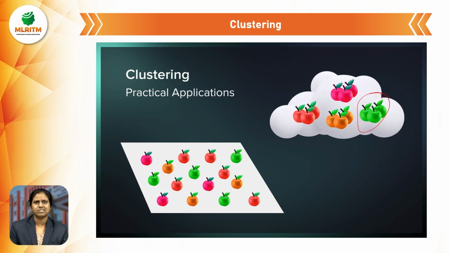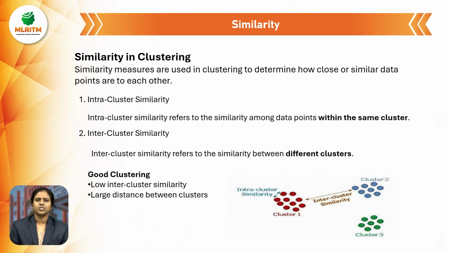In this clustering, for the different types of fruits given, we are grouping them into similar items based on a feature, which is color. So here we cluster the items based on similarity. We group them based on similar properties.